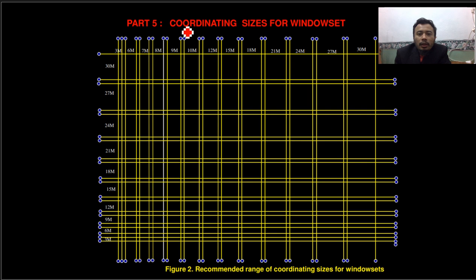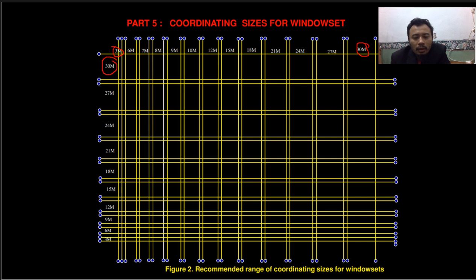Okay, next one is for window sets. These are your window set preferred sizes. You have this 3 m or 300 window with a height of 30 m or 3 meters height. And then up to a 3 meter height window where the width is the same as the height.